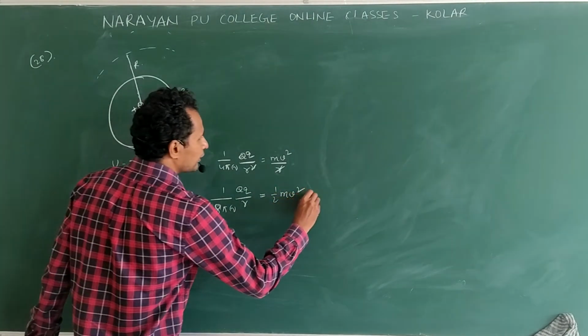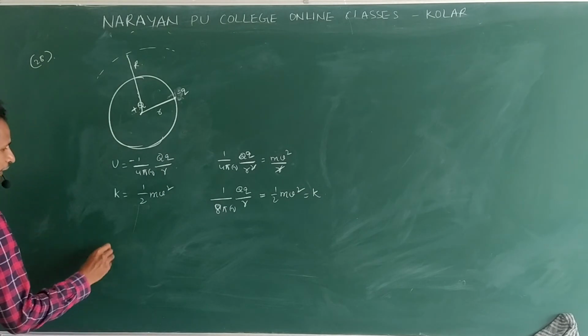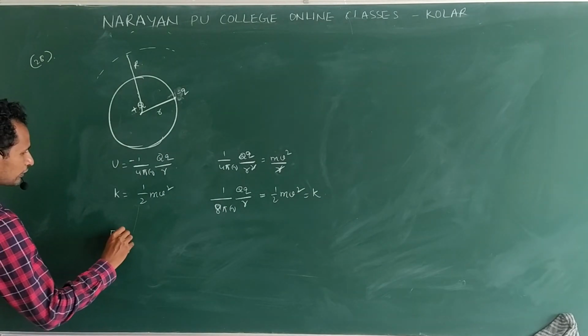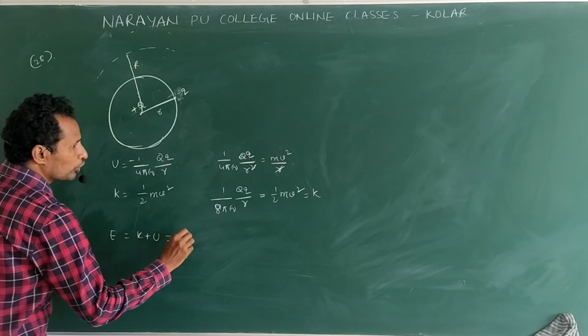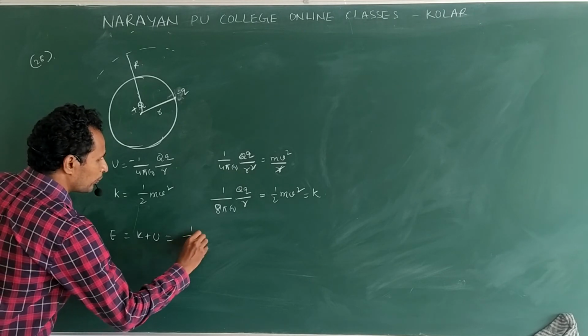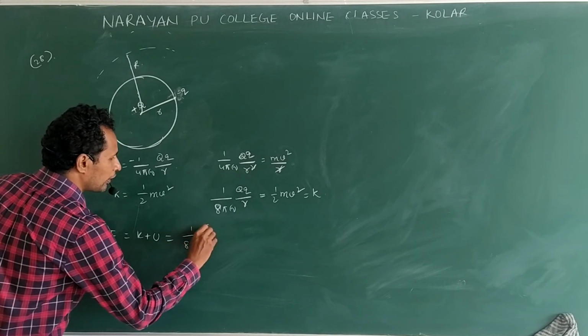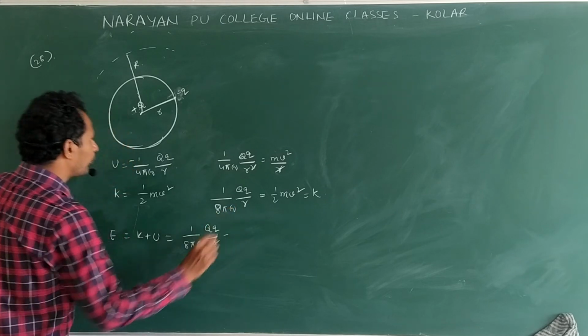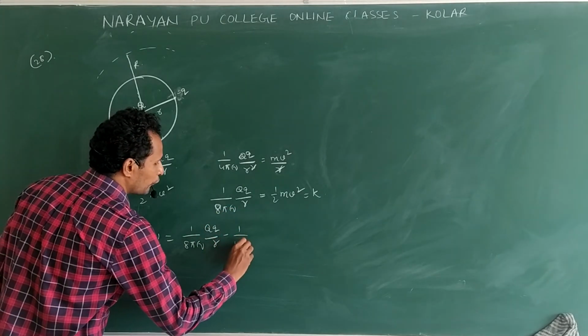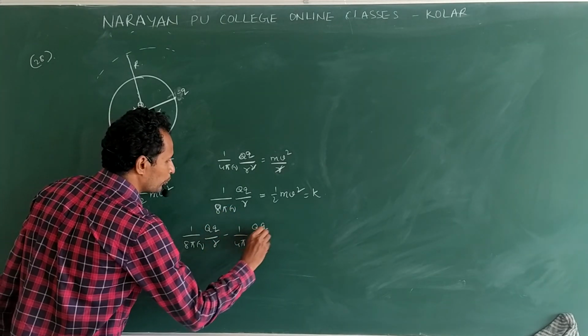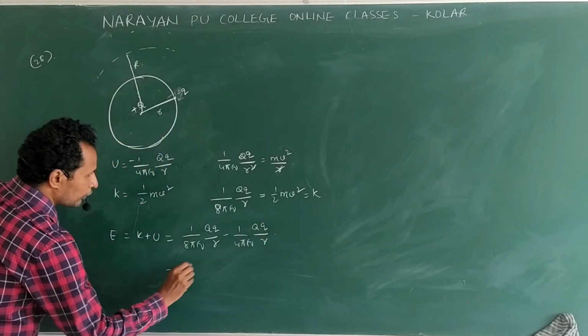Now this is nothing but kinetic energy. Then total energy is what? E is equal to K plus U. What is K? 1 by 8 pi epsilon naught q by r minus 1 by 4 pi epsilon naught q by r. Clear?